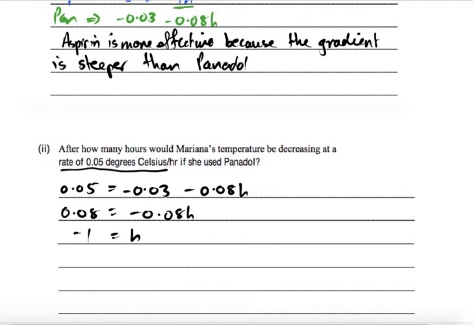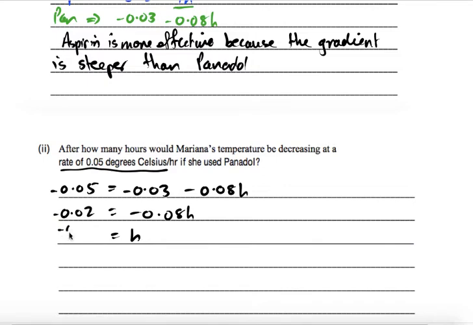And so you'll see that that is quite incorrect there. What have I done? Oh, I know why. It's decreasing at a rate of negative 0.05. So that was a slight error there. So that means that there is negative 0.05 plus 0.03, which is negative 0.02.